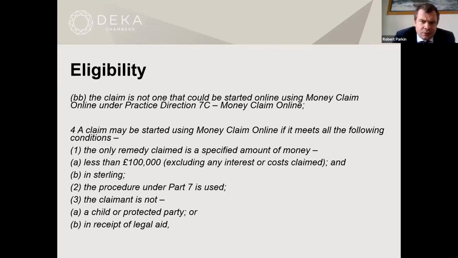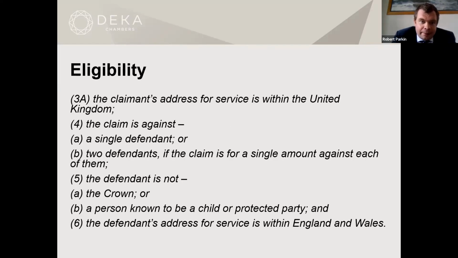You would have to use MCOL in preference to DCP. And you have in the next two slides examples of the sort of situation which would exclude a claim from MCOL. Now, a lot of them, for example, a claim against a defendant outside the UK, also, rather unhelpfully, exclude the claim from DCP, but we'll come to that in due course.